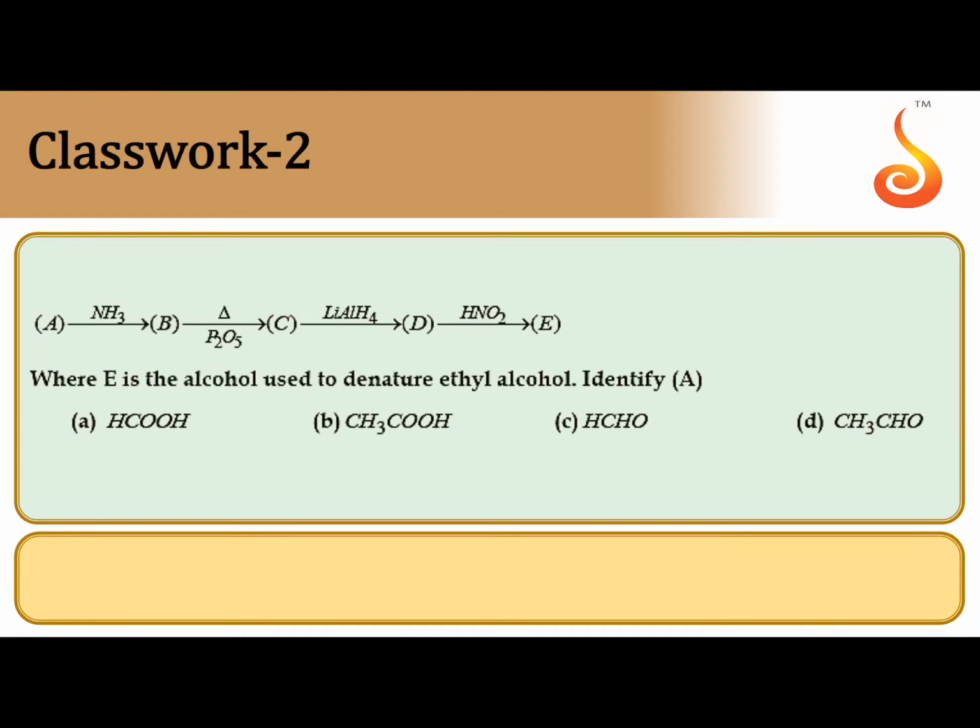Now coming to the conversion type question, the roadmap question. A with ammonia gives B, B on heating with P2O5 gives C, C with LiAlH4 gives D, D with HNO2. HNO2 is nothing but NaNO2 and HCl. You have to remember like that. It gives E. Only one hint is given: E is the alcohol which is used to denature ethyl alcohol.